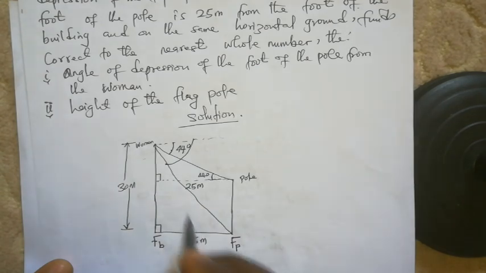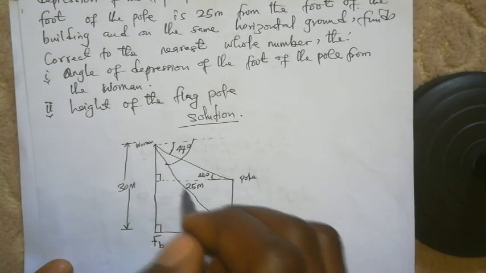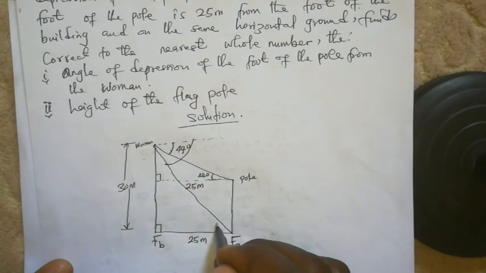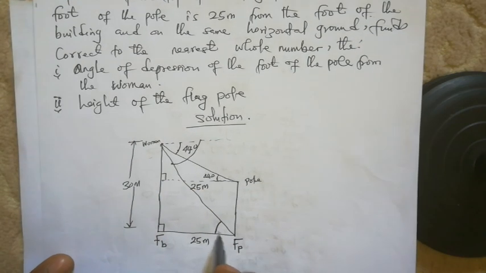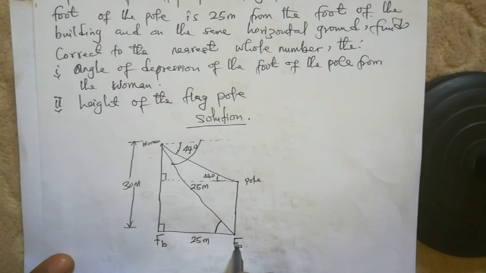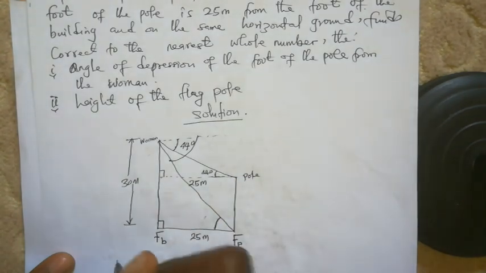So the angle of depression of the foot of the pole from the woman, let's call it theta.